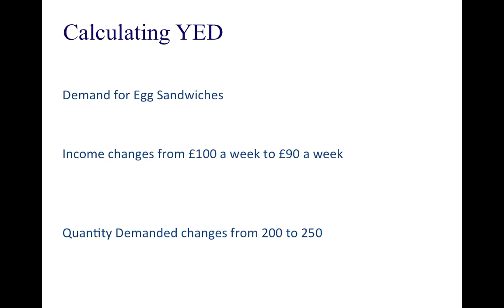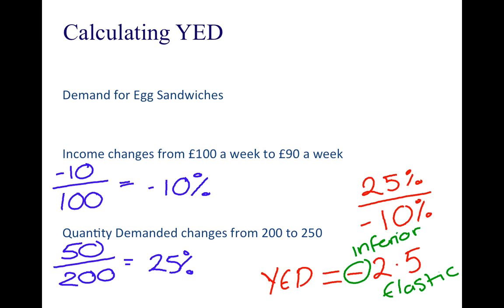And I've got an egg sandwich example here as well. So imagine my income changes from £100 a week to £90 a week, and the quantity demanded changes from 200 to 250. So we've got a £10 change here. Now, unlike PED, we do need to be careful about whether the figures are positive or negative, because that can tell us a few different things.